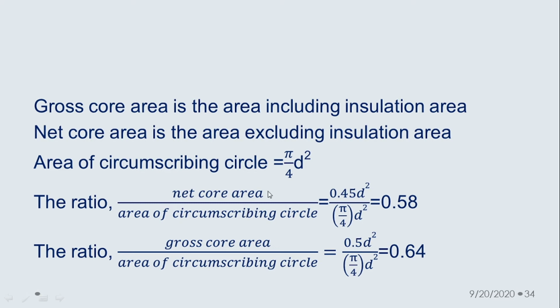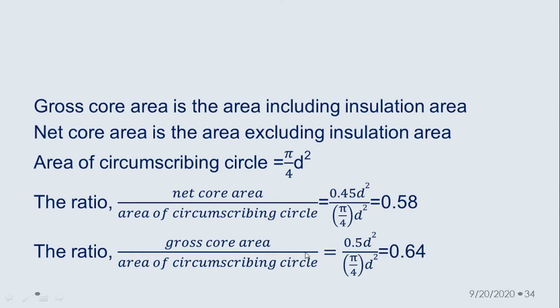That means net core area is around 58% of the area of the circumscribing circle. Similarly, you can calculate the ratio of gross core area to the area of the circumscribing circle: 0.5 d square divided by pi by 4 into d square, so you will be getting 0.64.